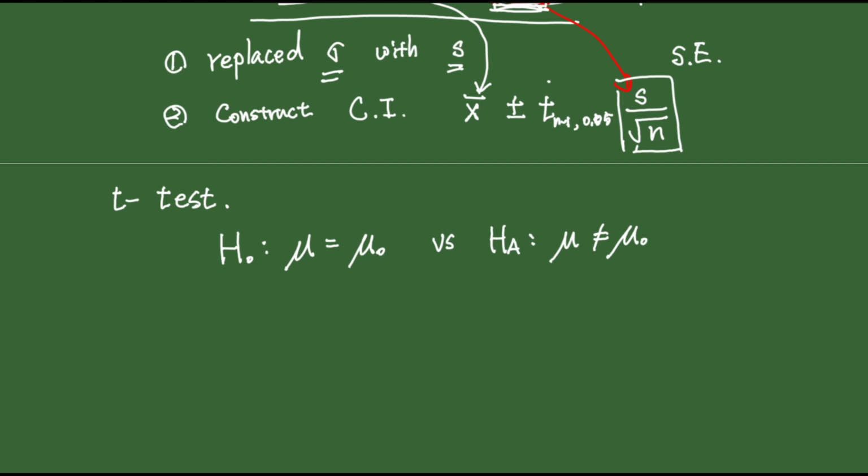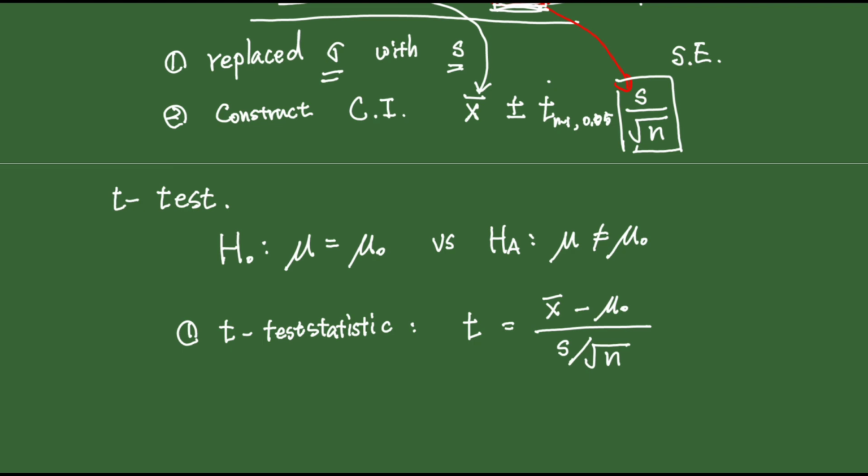In this case, we want to calculate the t-test statistic. Like this, t is X bar minus mu 0 over sigma over square root of n, but we don't know sigma, so we replace sigma here with s.